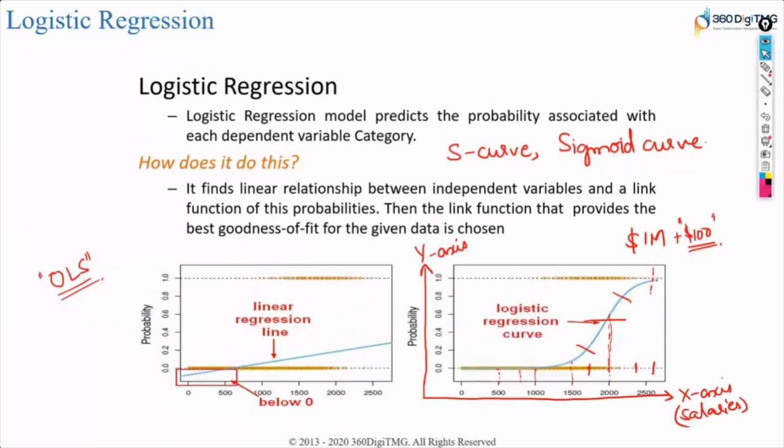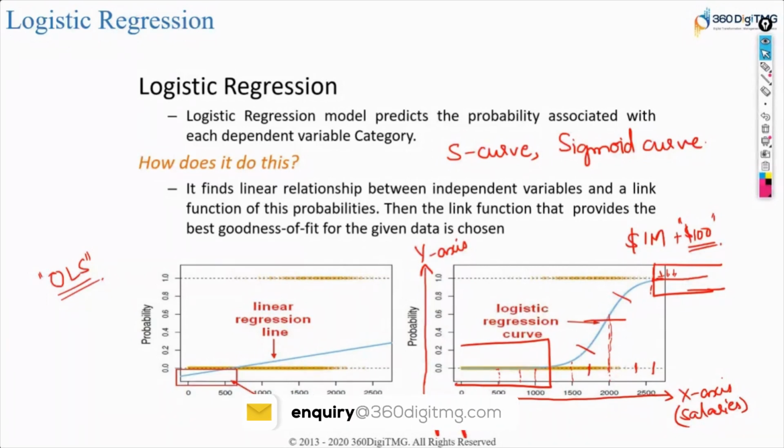So if your salary is very high, even if you keep increasing it by a certain proportion, the probability of you purchasing the flat will be constant. So your probabilities will become constant at the edges. These are called asymptotes. At the asymptotes, probabilities become stable, and at these points probabilities will be at their peak.